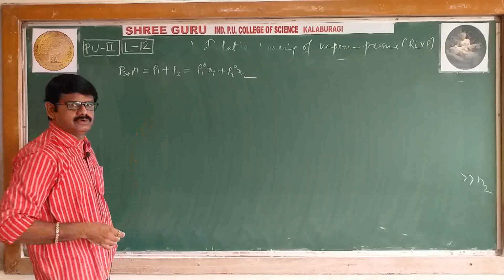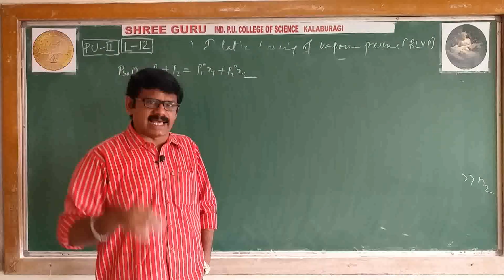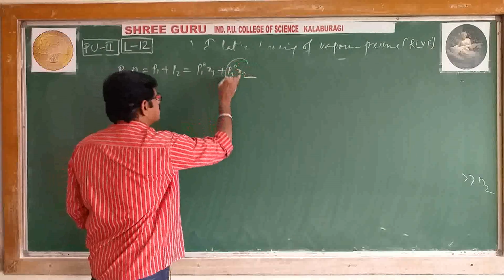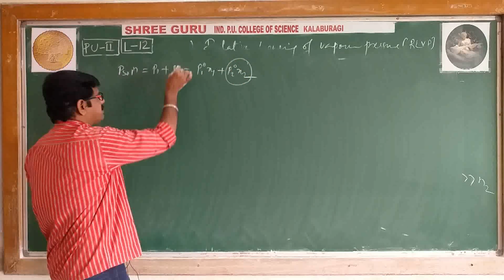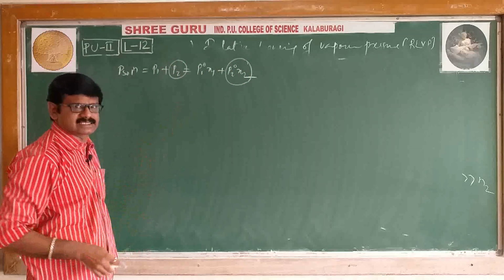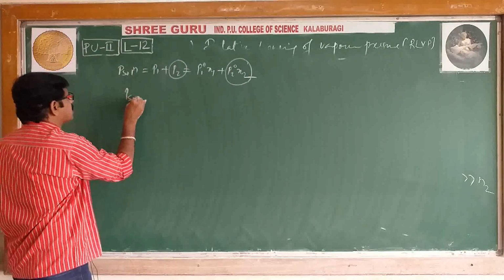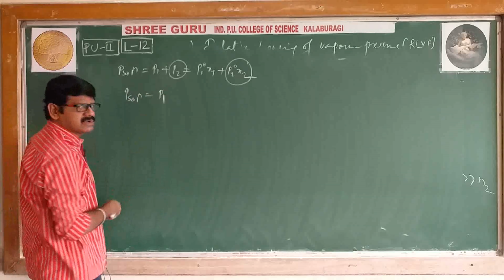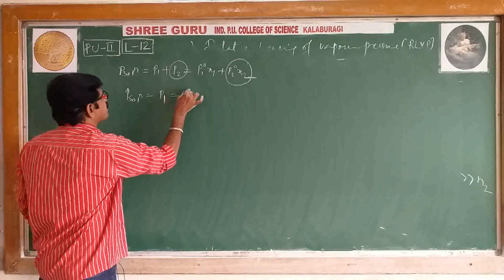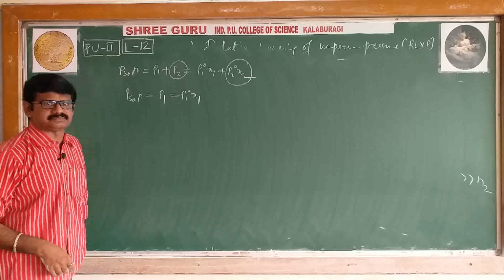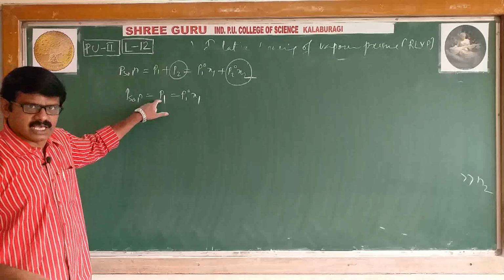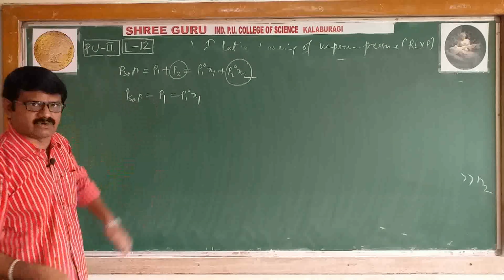This is already known to you. Now we are discussing a non-volatile solute. Non-volatile solute means the solute partial pressure is 0, we can neglect it. Therefore now P solution is nothing but P1 only, equal to P1 naught x1. Now it is the vapor pressure of a solution which contains a non-volatile solute.